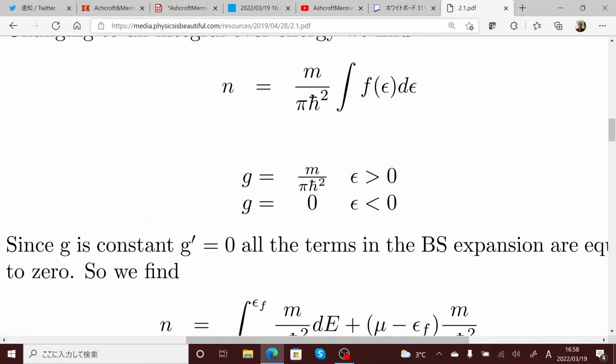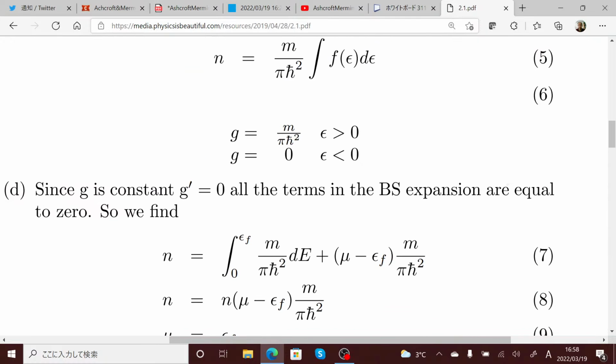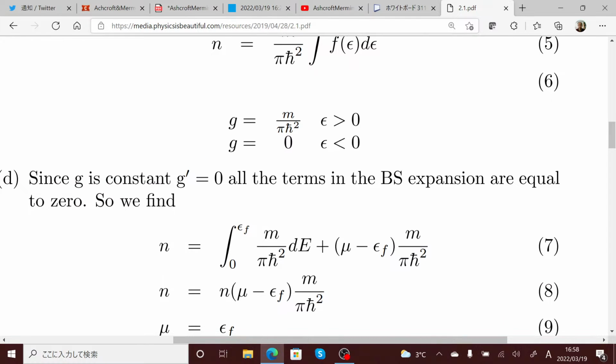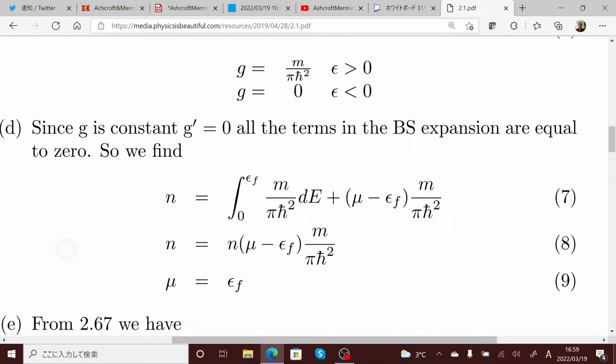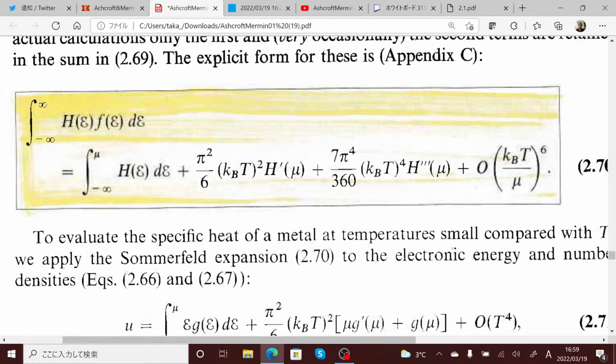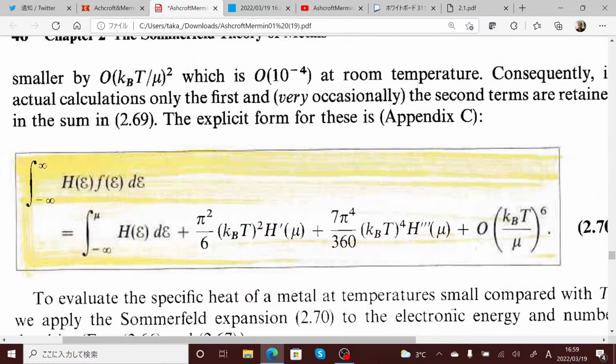Okay, let's see the solution. Since g is constant, g prime is 0, all the terms in the Sommerfeld expansion are equal to 0.